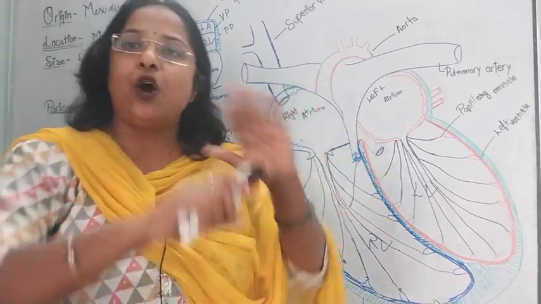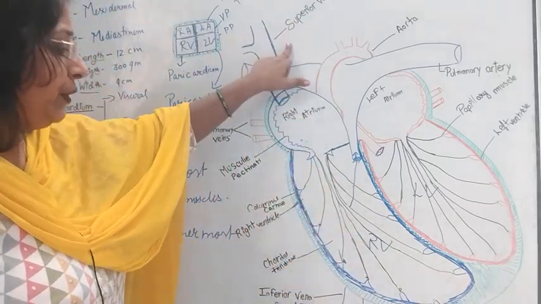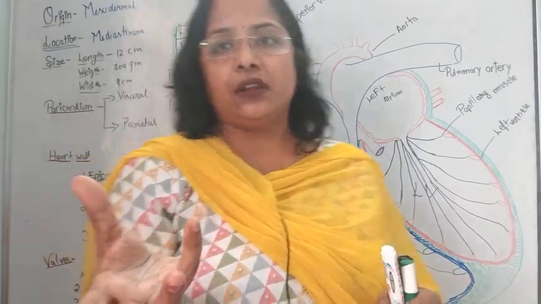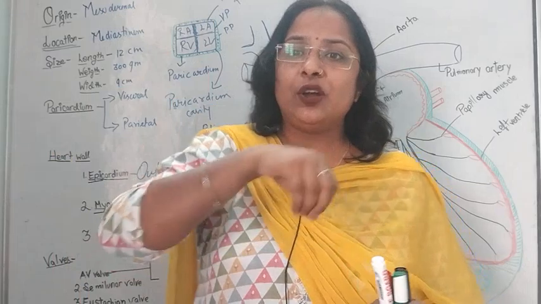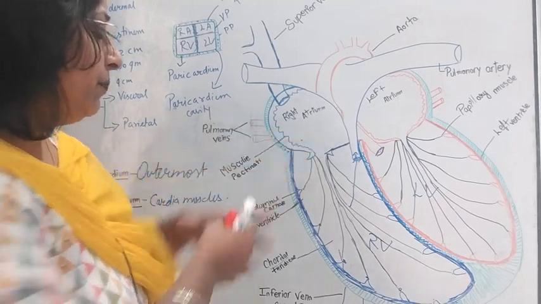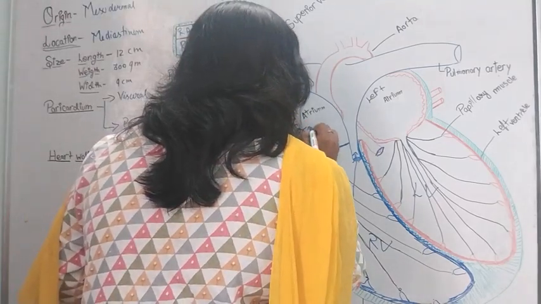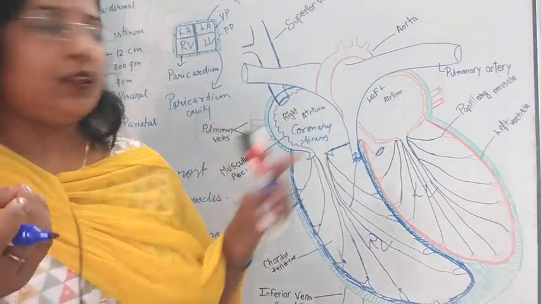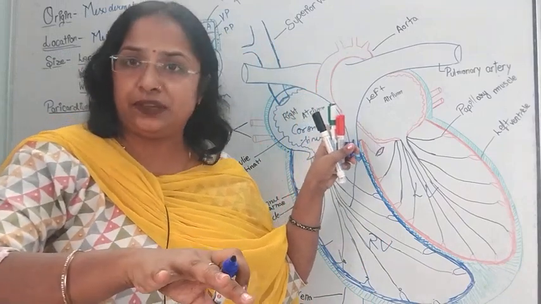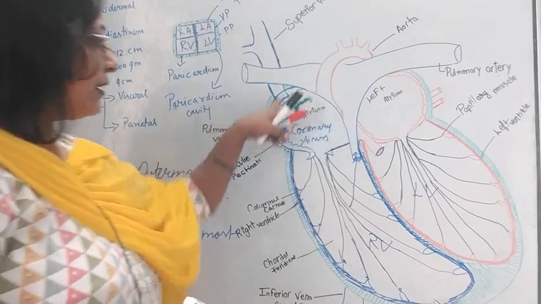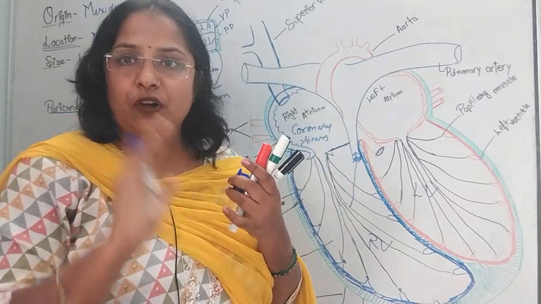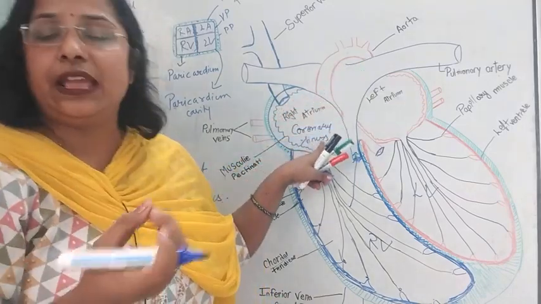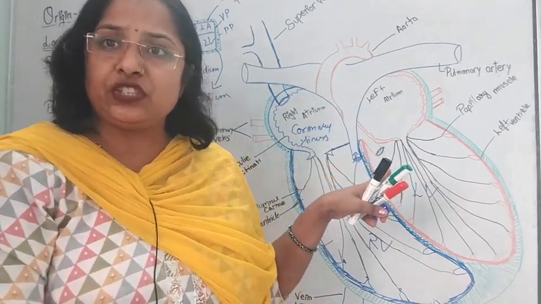The right atrium receives the whole body's deoxygenated blood through the superior vena cava and inferior vena cava, also known as the postcaval. The heart itself is also an organ, so it also utilizes oxygen and has deoxygenated blood, which is poured in through the coronary sinus. The coronary sinus is the heart's largest vein, which pours all the deoxygenated blood from the heart into the right atrium. So the right atrium receives deoxygenated blood from the whole body through the superior vena cava, inferior vena cava, and the coronary sinus.